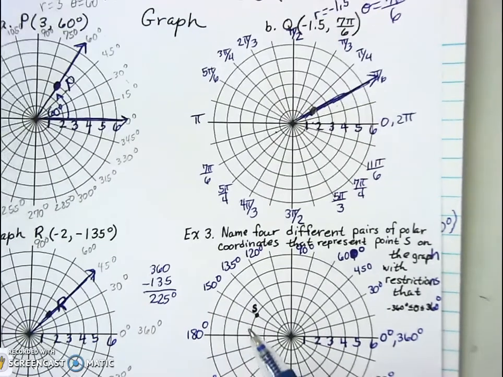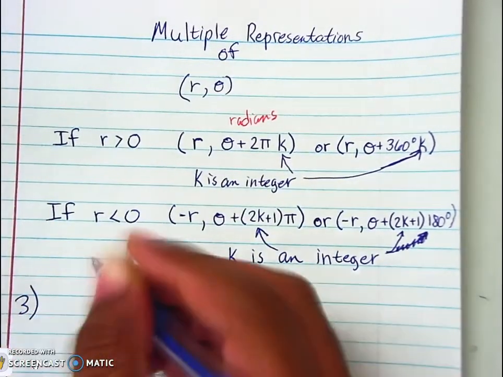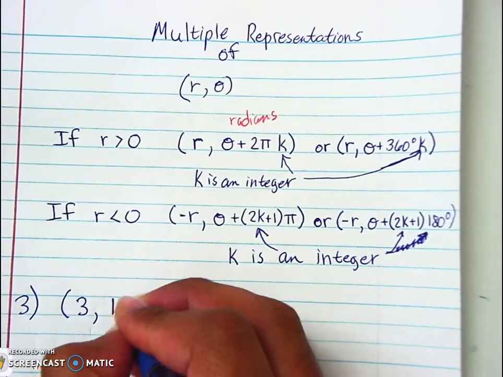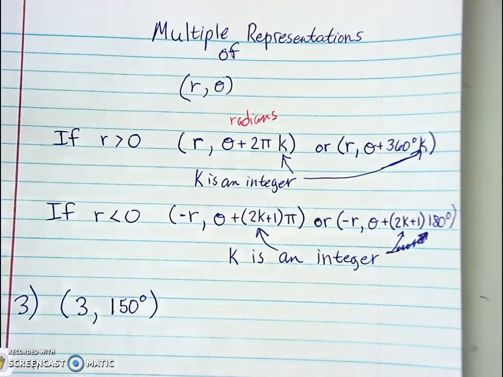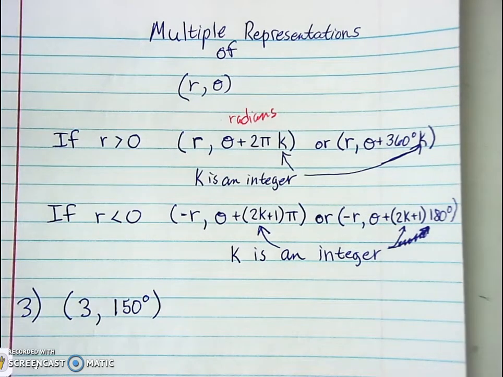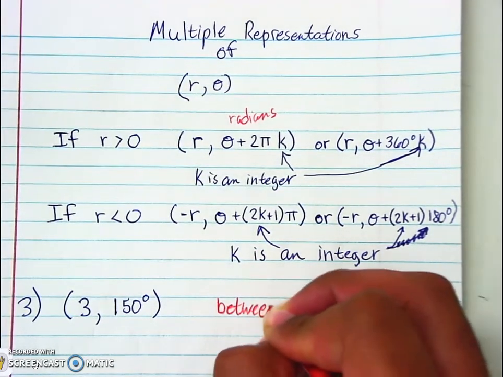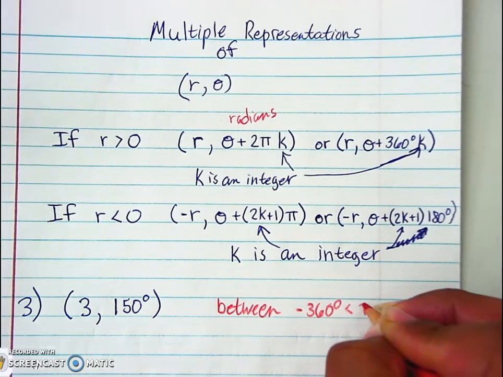So for example 3, we are looking at our R being 3 and our angle being 150 degrees. Now, because we have to keep everything between negative 360 and positive 360, theta has to be between these.